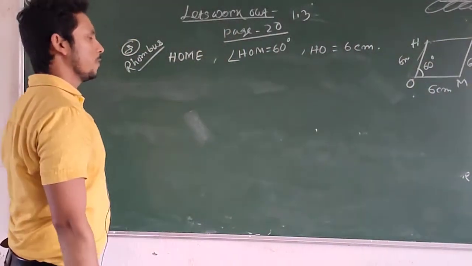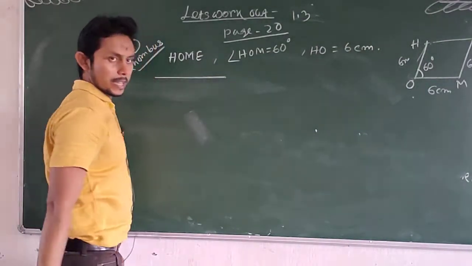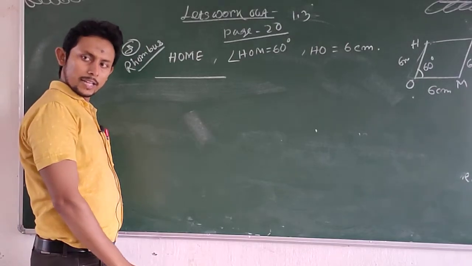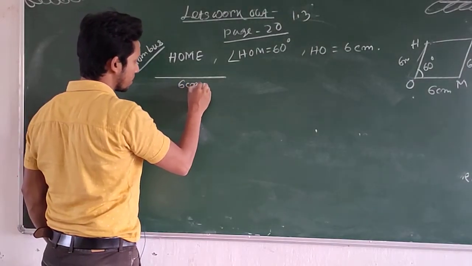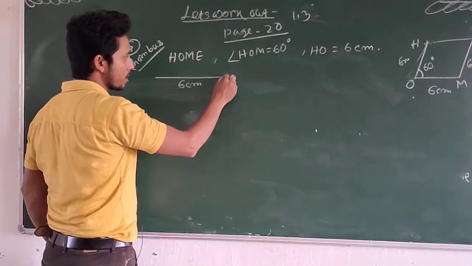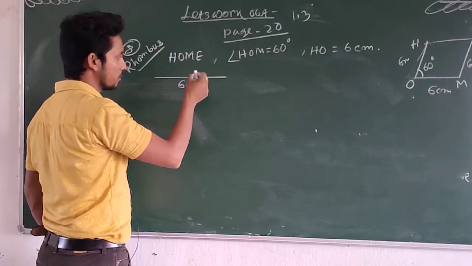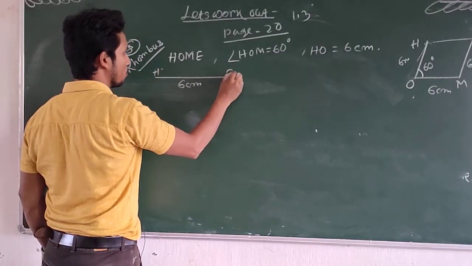First you need to take a line by using your scale, a 6 centimeter line. By using your scale, take a 6 centimeter line here, and its name is HO.